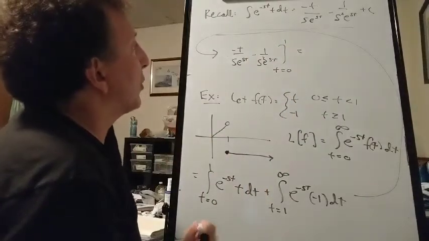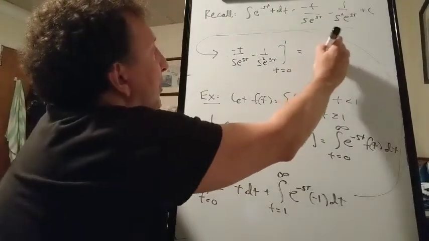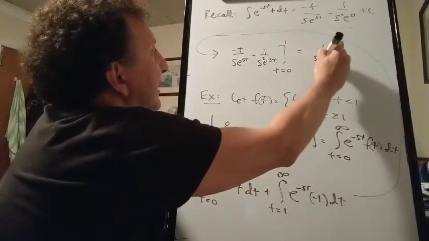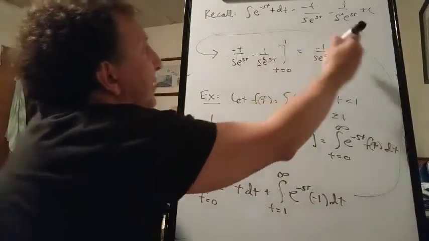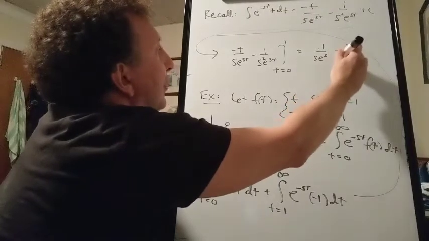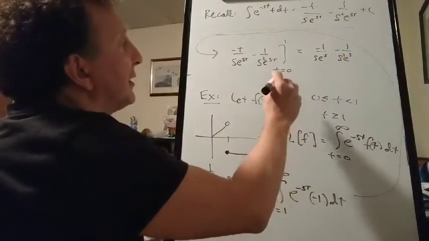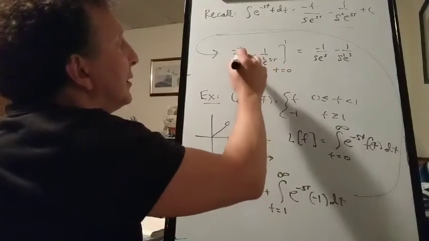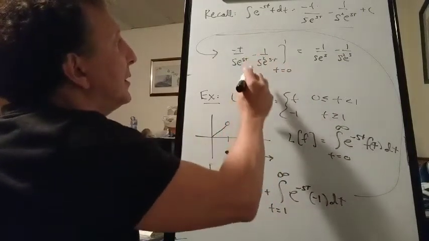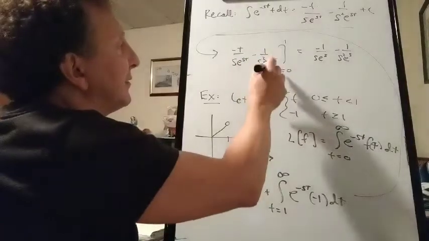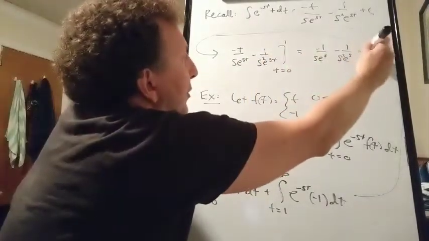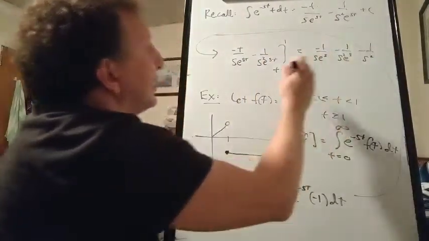So when we plug in 1, we've got negative 1 over s e to the negative s minus 1 over s squared e to the negative s. When we plug in t equals 0, this first fraction is 0, minus 1 over s squared e to the 0, so minus 1 over s squared.